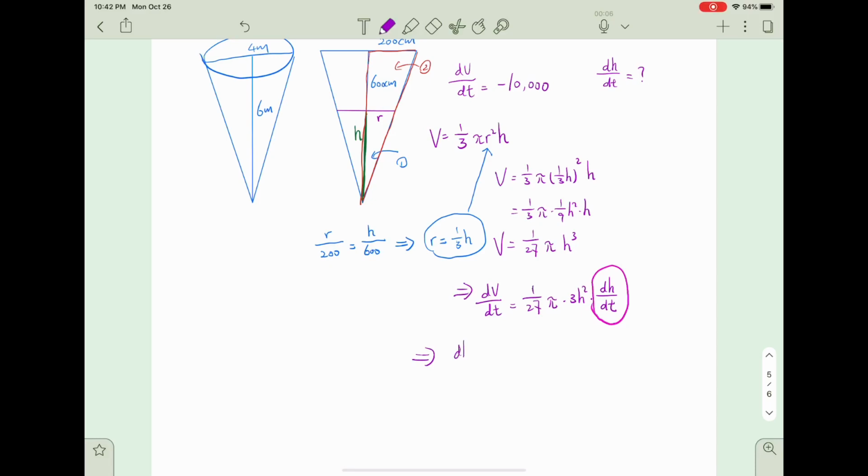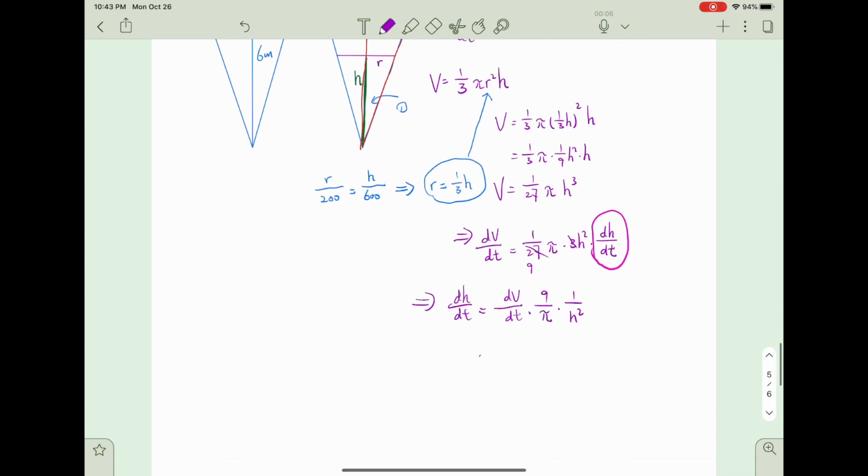So dh dt is equal to, if we cancel this out, we have 9 here, so it's dV over dt times 9 over pi, if we flip that to the other side, times 1 over h squared.